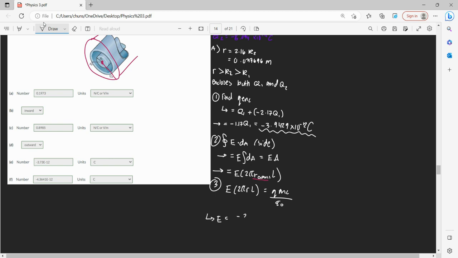So that is negative 3.94 times 10 to the negative 12 coulombs over epsilon naught 2 pi, and our R we found to be 0.033696 squared. Then our length is given, our cylinder.